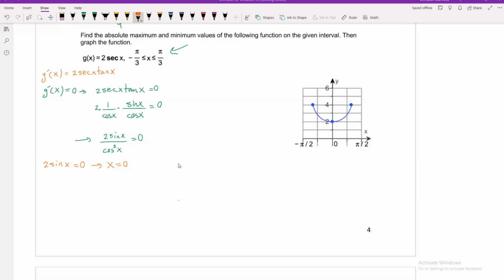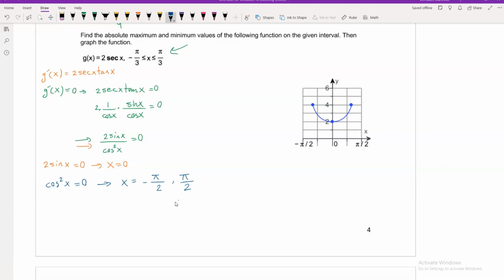Now to find values of x where g prime of x is undefined, set the denominator, which is cosine squared, equal to 0 and solve. So cosine squared equal to 0. Solving for x, x is equal to negative pi divided by 2 and pi divided by 2.